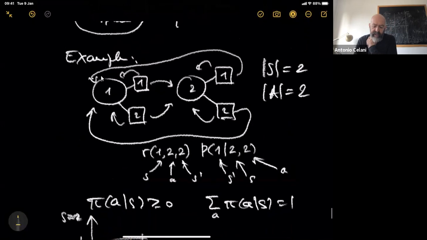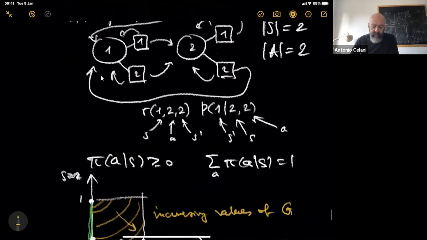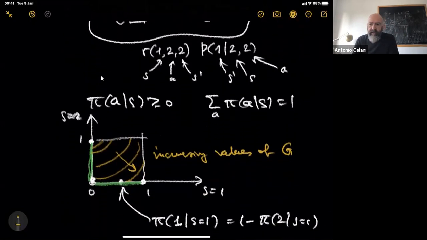If you replace these objects with some probabilities in a very simple situation, you will find a picture like this. You can play with it yourself using any kind of symbolic manipulator to produce graphs of the average return as a function of the policy. How do you compute it? It will come in a second, explicitly.